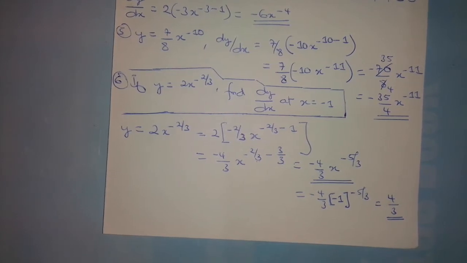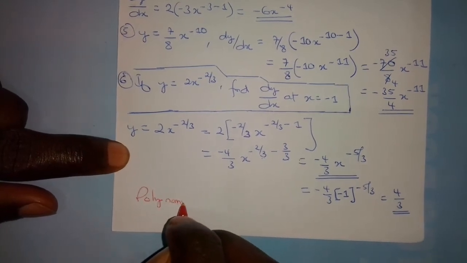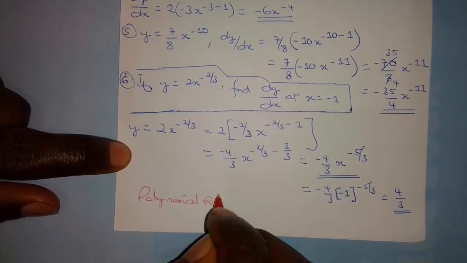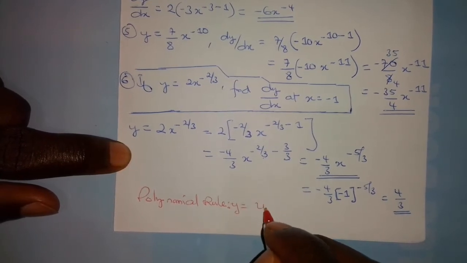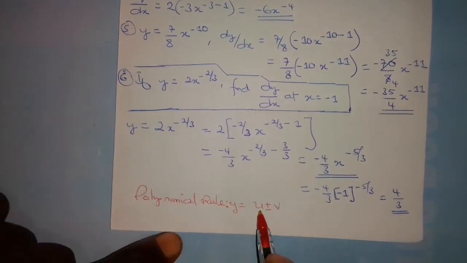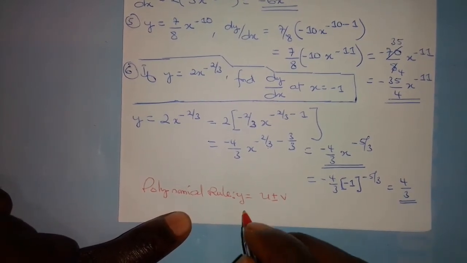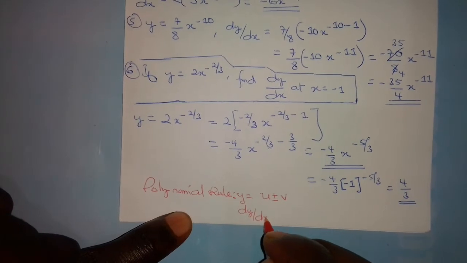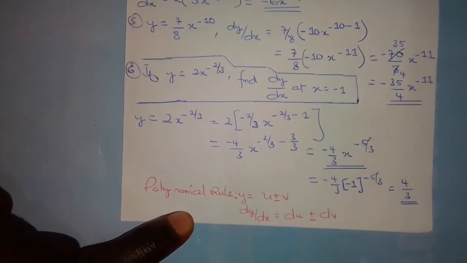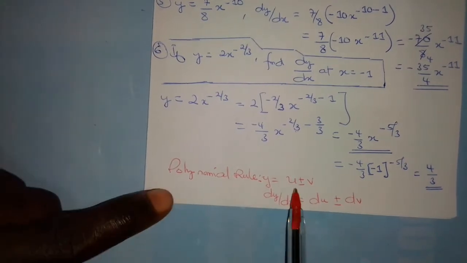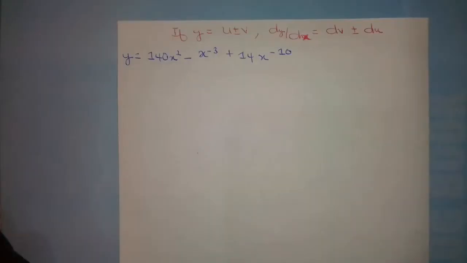So the polynomial rule says if you have y is equal to u plus or minus v, where u is a different function from v, then dy/dx is du/dx plus or minus dv/dx. That means you should just differentiate all the functions separately as you go on.